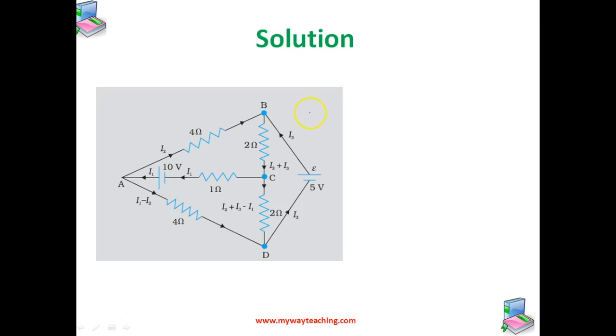Now we are going to apply Kirchhoff's second rule for the first closed loop, that is ADCA. First we are considering the loop ADCA, this lower triangle. We are moving like this: minus 4 into I1 minus I2.